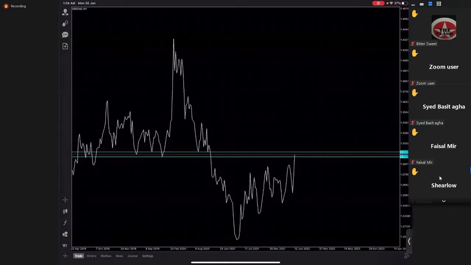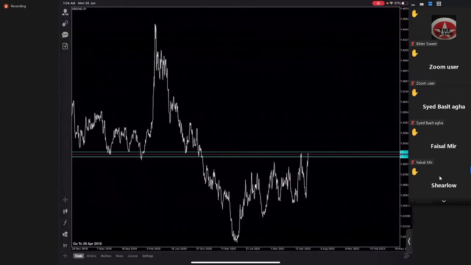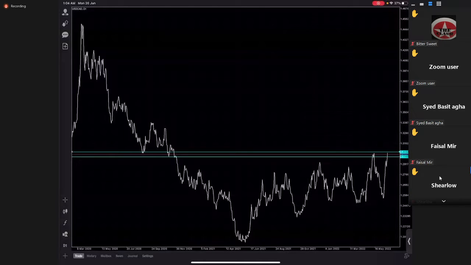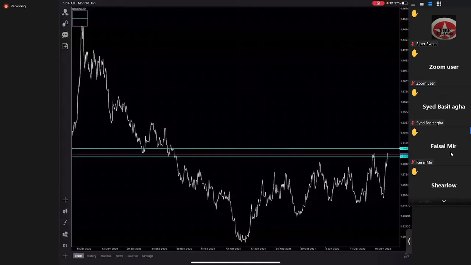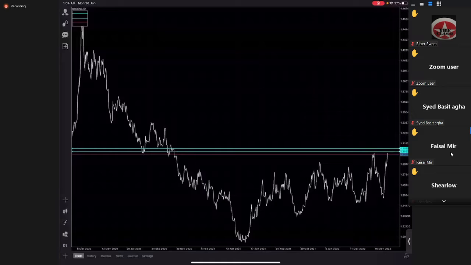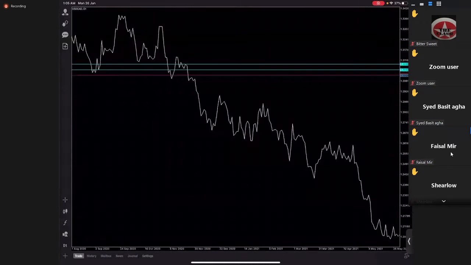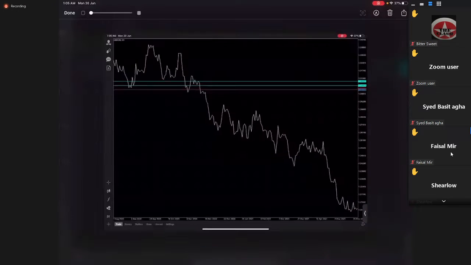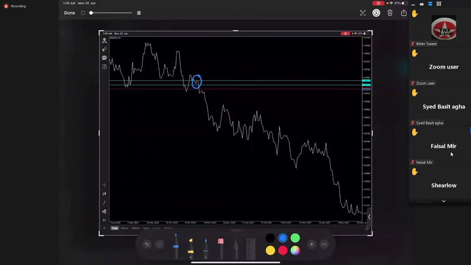If you want sell, just find resistance fresh. This is first. This is second. How to mark this zone?